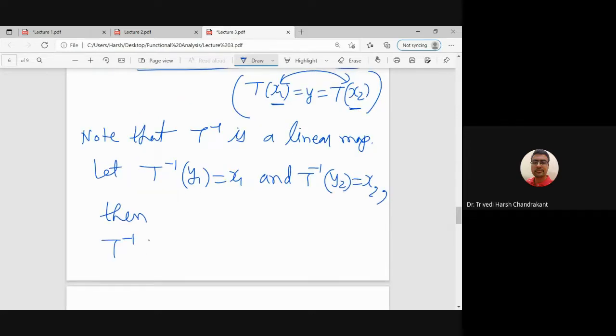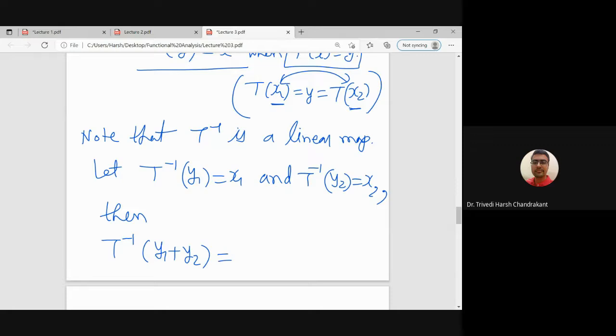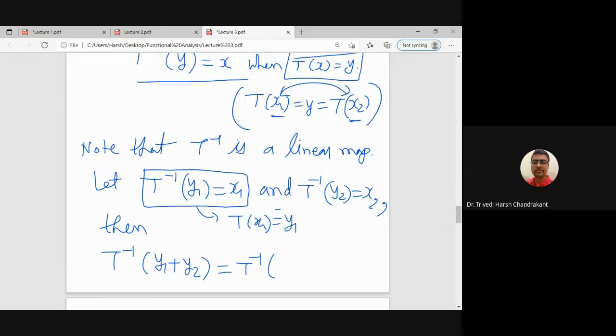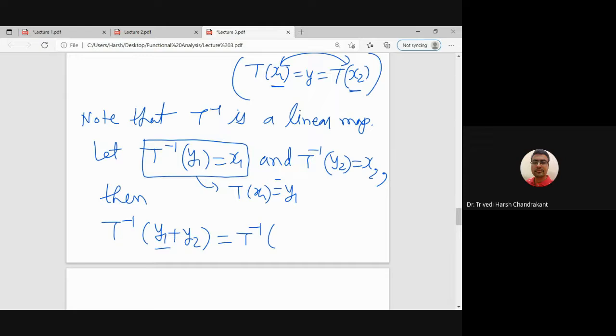Then what can we say about T inverse of y1 plus y2? If T inverse of y1 is x1, then T of x1 is y1, and similarly T of x2 is y2. Let us substitute here.